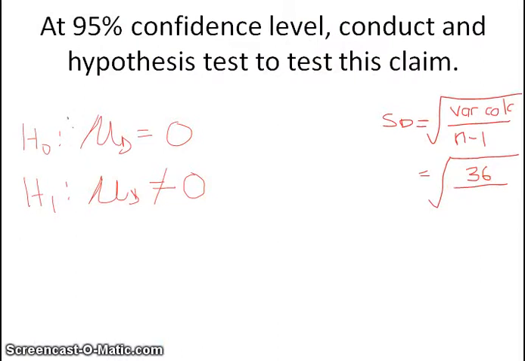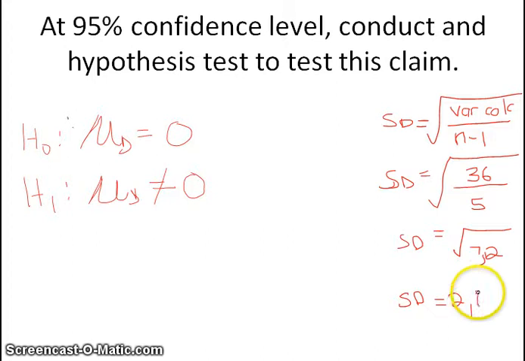So this would be 5. That's my SD. And the answer for that would be 7.2 SD, and the answer is 2.6833. And this value I'm going to use in my test statistic.